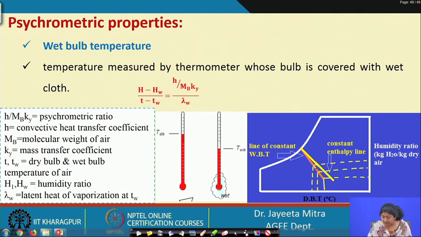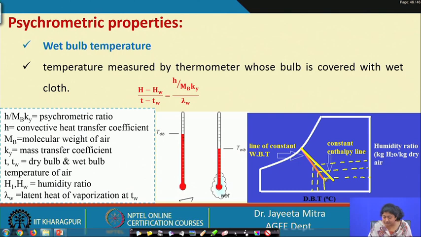Now, however, when we talk about enthalpy, that is the enthalpy of the dry air plus the enthalpy of the water vapor. Okay. So, it has been seen that there is a little difference we can observe between these two values.